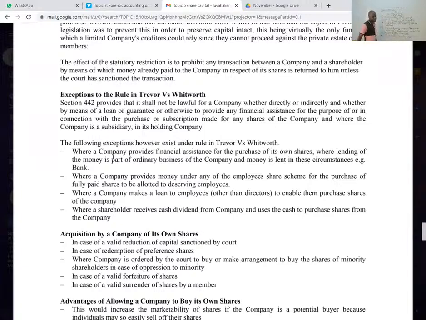And of course, the trick is they'll trick you with purchasing and financing. They'll ask you to state the exceptions under which the company can finance the purchase of its own shares. Since you've not noticed the term financing, you'd end up stating the ones under purchasing. That will be the trick, because maybe they know the student is very clever and will easily tell those exceptions. So they'll trick you by asking only for those under financing.